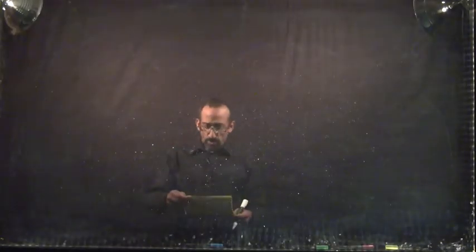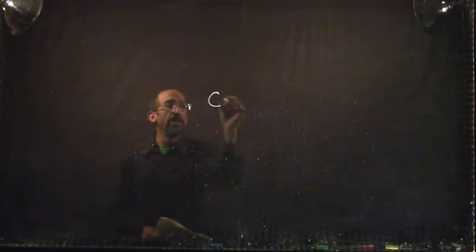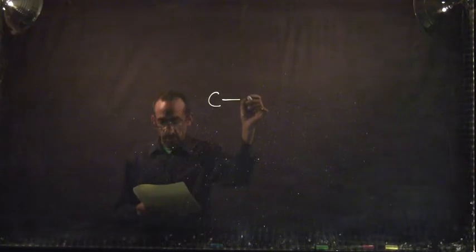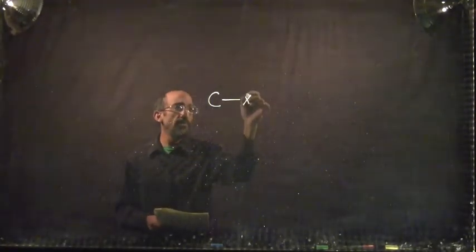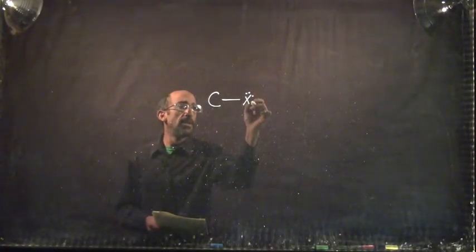So we said that this SN2 reaction is a bimolecular reaction, but one more thing we need to know is that it's also a single-step reaction. All of the bond making and bond breaking happens at once. So let's take a look at that one more time. Here now I have my carbon atom. It's going to be bonded to a halogen.